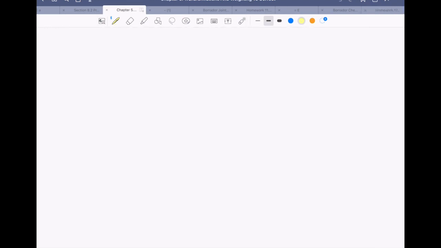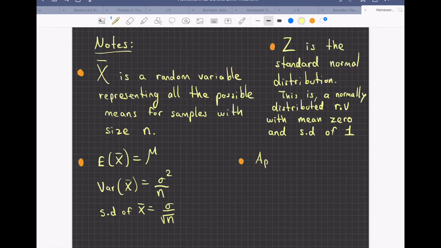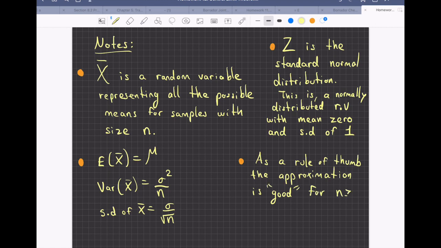But well, as a general rule or rule of thumb, the approximation is good when you have the size of the sample greater or equal than 30.